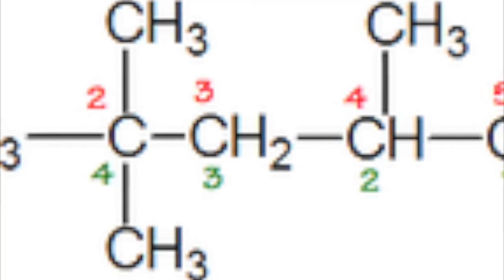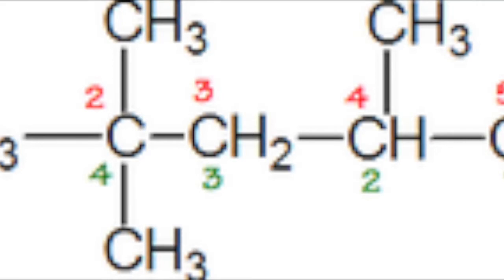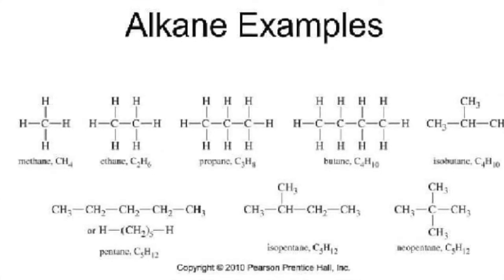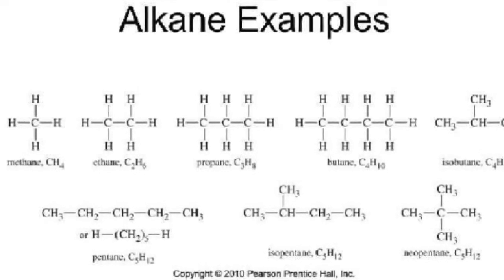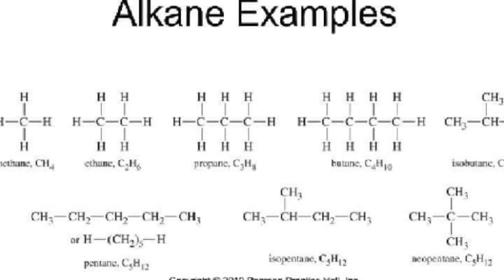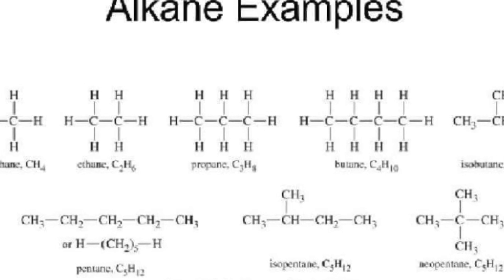And finally, write the entire name using hyphens to separate numbers from words and commas to separate numbers. As we can see in the picture, we have 8 examples of alkanes: methane, ethane, propane, butane, isobutane, pentane, isopentane, and neopentane.